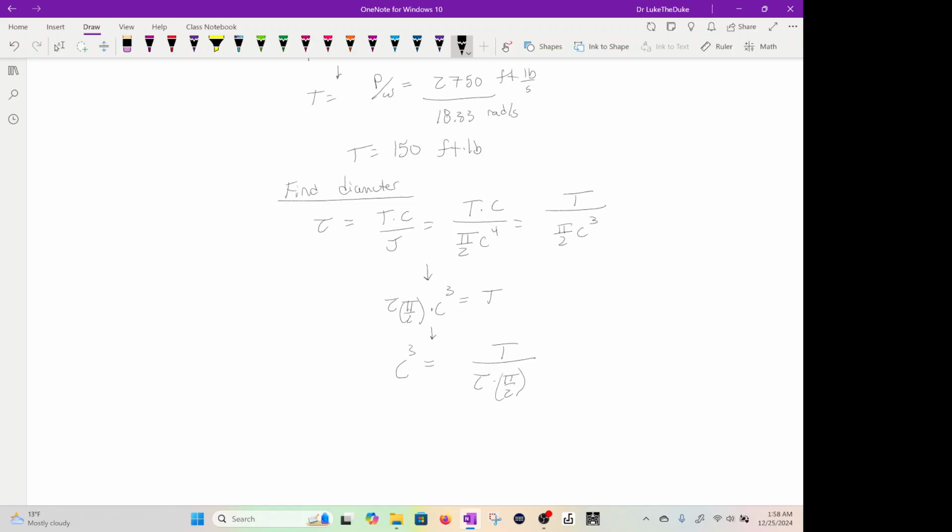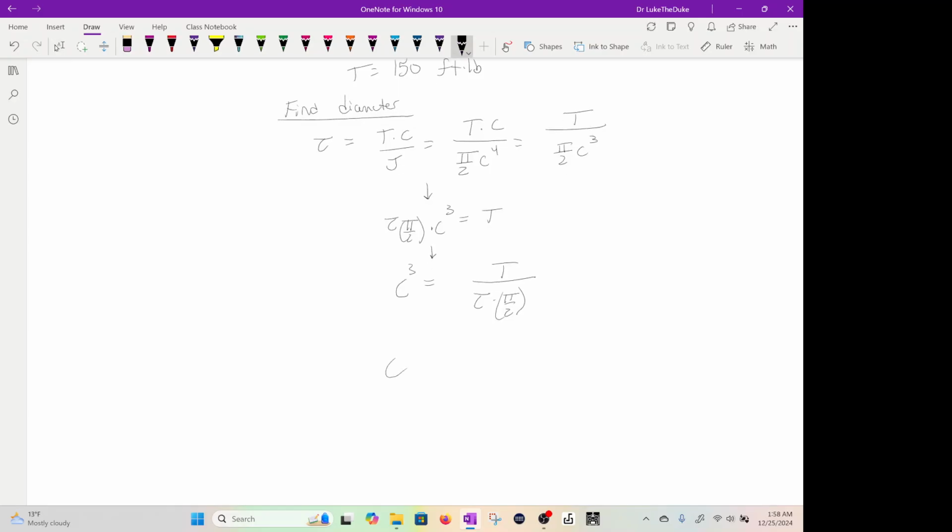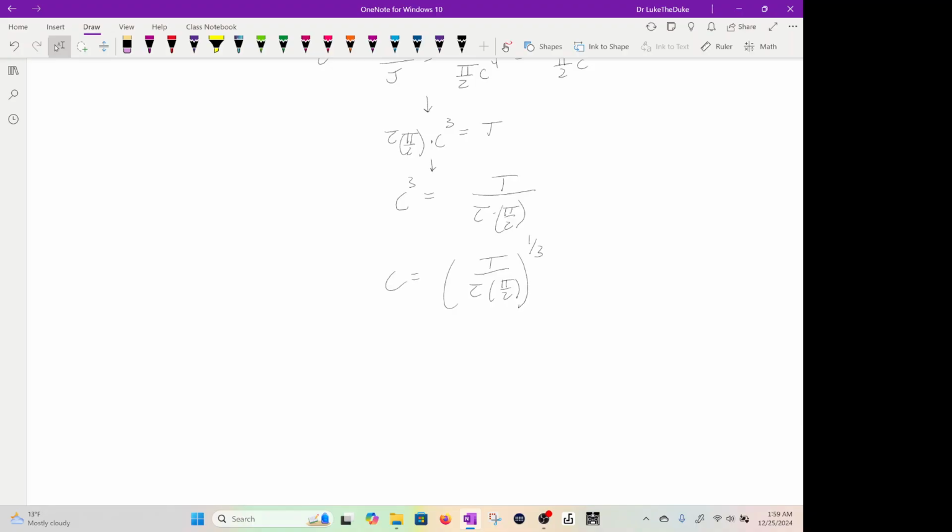And then we're going to raise this, not square root it, to the 1/3. Okay, let me double check my math here. 2 pi, yep, perfect. And this would be the radius.